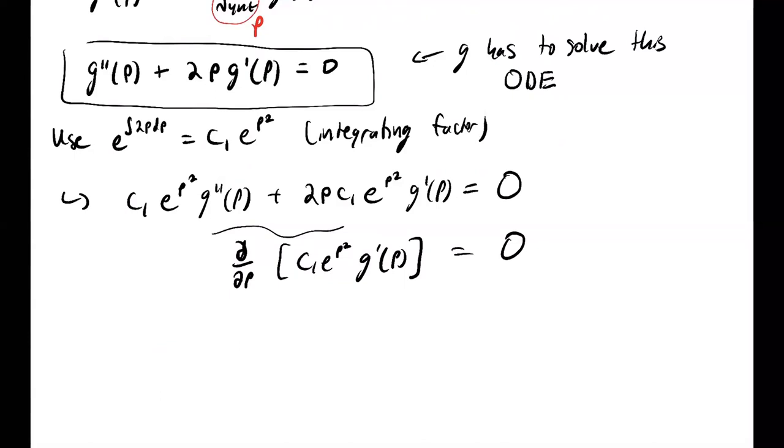Right, and so this tells me that I can solve the ODE in the following way. If the derivative of this thing in brackets is 0, that means this thing in brackets has to be constant, right? So c1 e to the p squared times g prime of p is some other constant c.